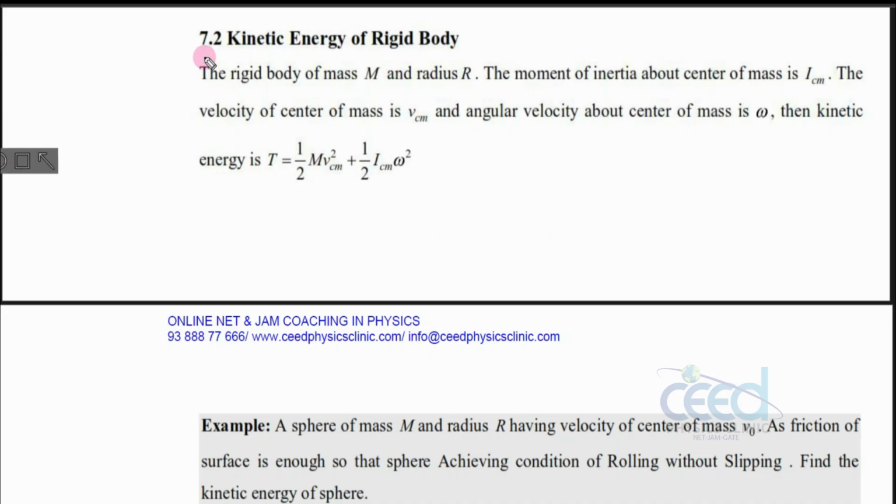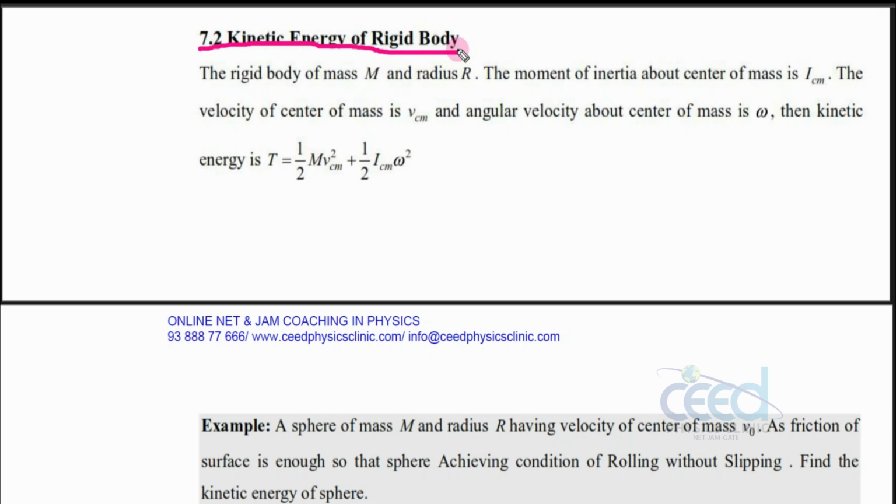Today we are going to discuss another section of general mechanics, that is kinetic energy of the rigid body. We already saw what is angular momentum of a rigid body. Now kinetic energy.